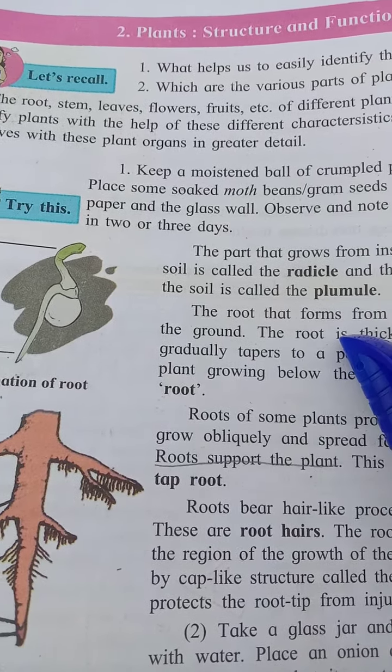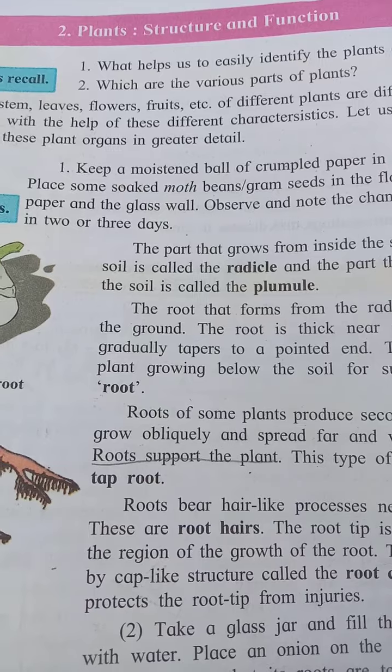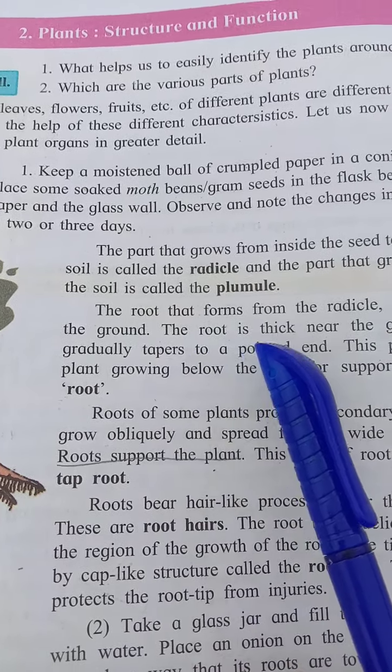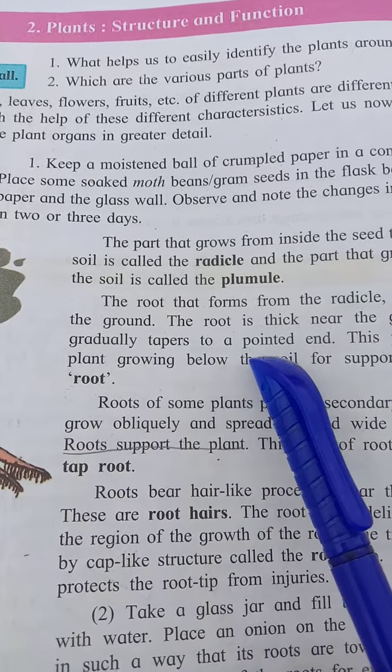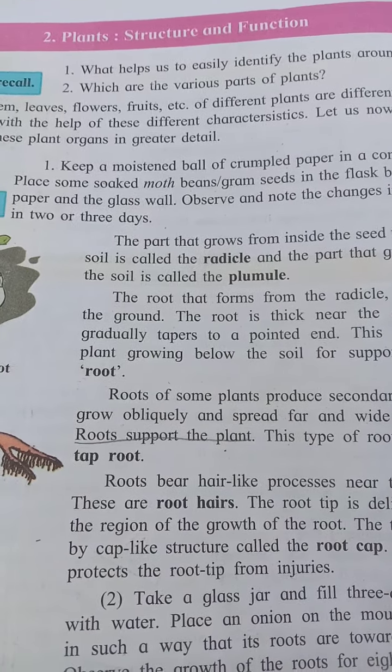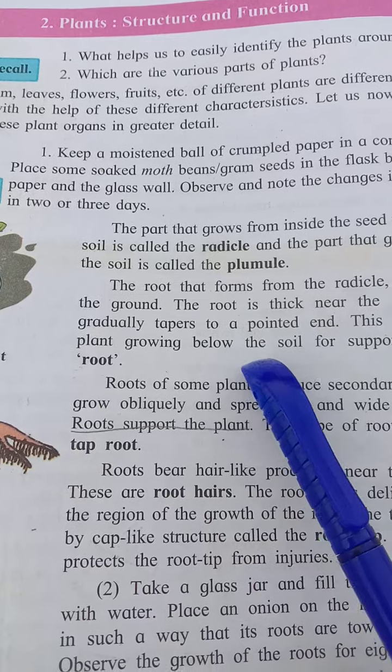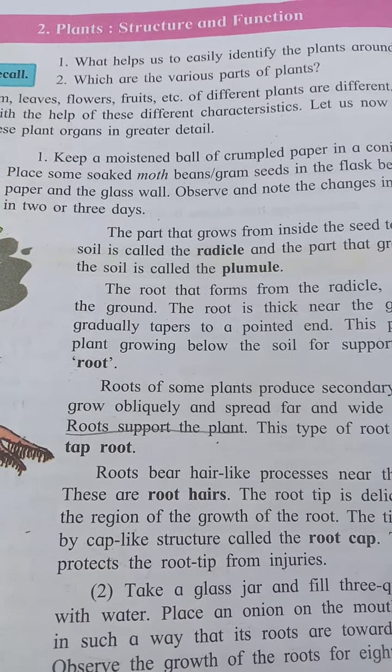The root that forms from the radicle grows into the ground. The root is thick near the ground and gradually tapers to a pointed end. This part of the plant growing below the soil for support is called the root.